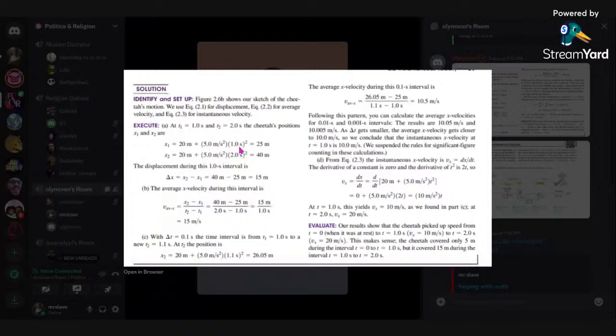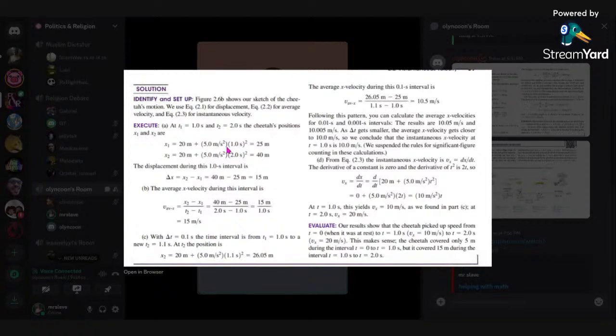And they're saying the velocity times the time. But because of the constant acceleration, the velocity is linear. So they're multiplying by the time. I don't know, can you do that?